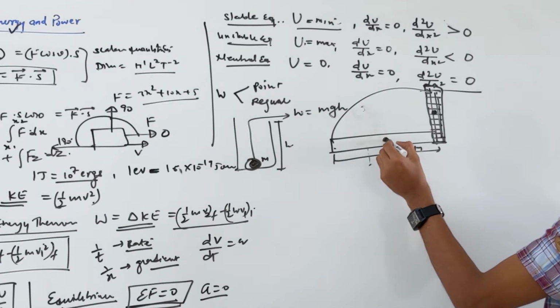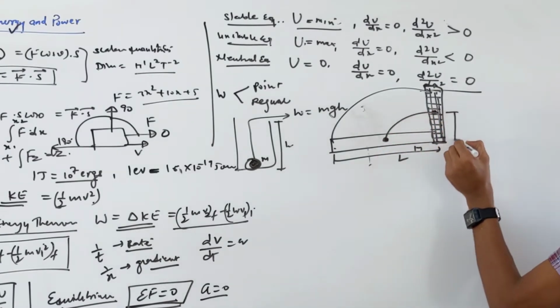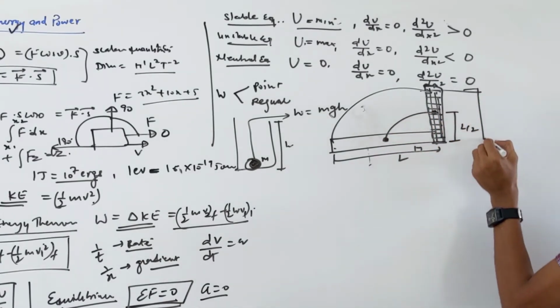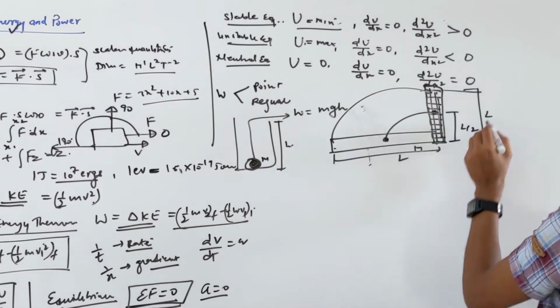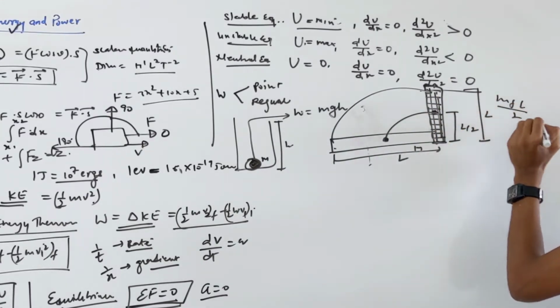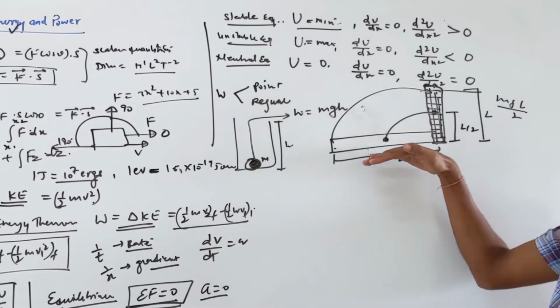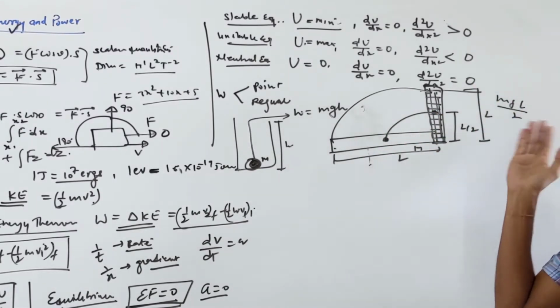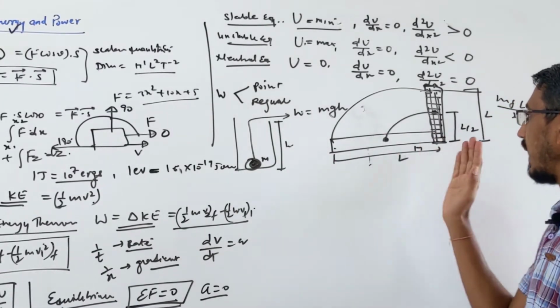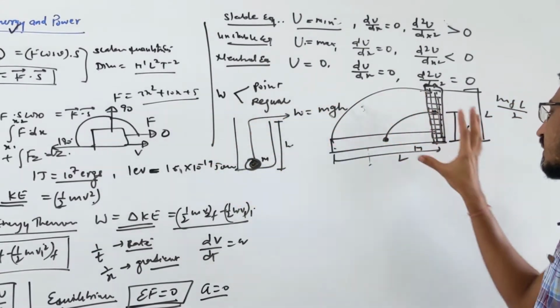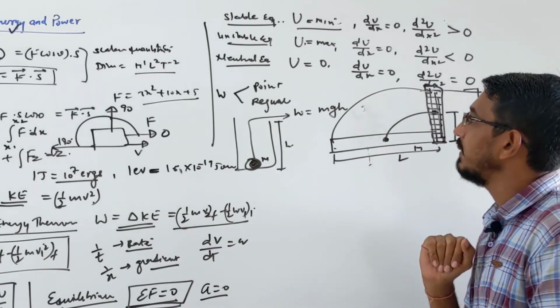If it is placed on the ground and then shifted to this point, the height is L by 2, where L is the length of this block. So when you write the energy, you write simply mg L by 2, that's the energy change. Initially it is 0, then the final will be this much, so this much will be your work done itself, correct? Many examples like this I gave, of point masses and regular bodies, please see the notes.